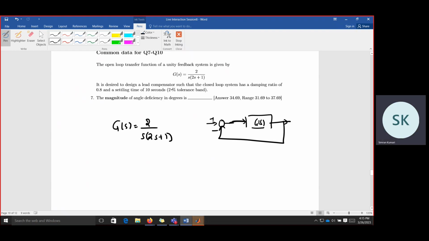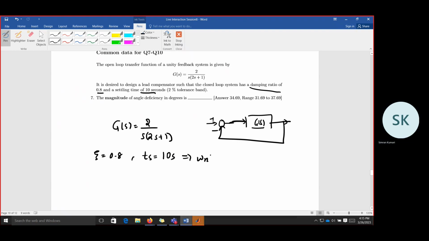It is desired to design a lead compensator such that the closed loop system has a damping ratio of 0.8 and a settling time of 10 seconds. So zeta is equal to 0.8 and Ts equal to 10 seconds. From there we can find omega n, so this will be 0.5.